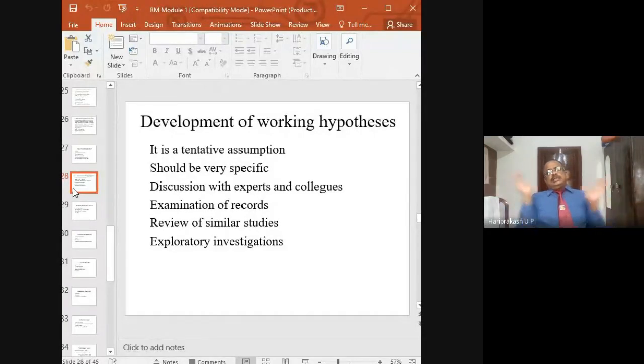So I have to determine the sample size, a number of people, apply some statistical tools, and then prove whether this is really true or not. Whether that assumption is true or not, I have to prove it through research. So that is what you are developing here, a working hypothesis.